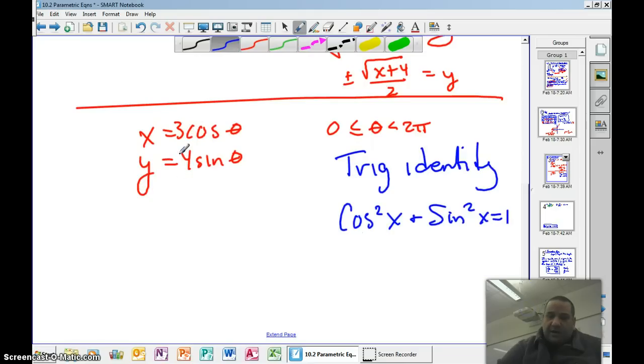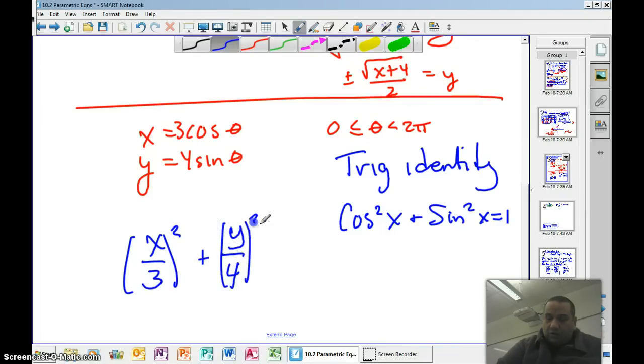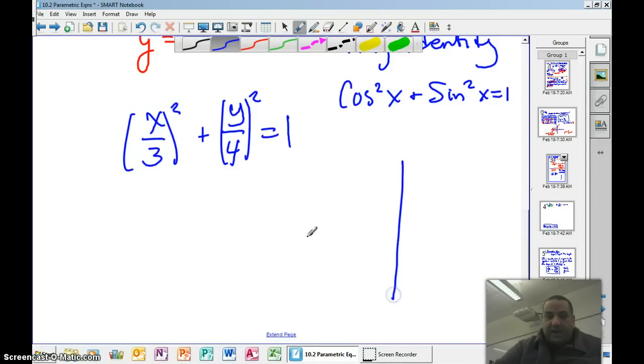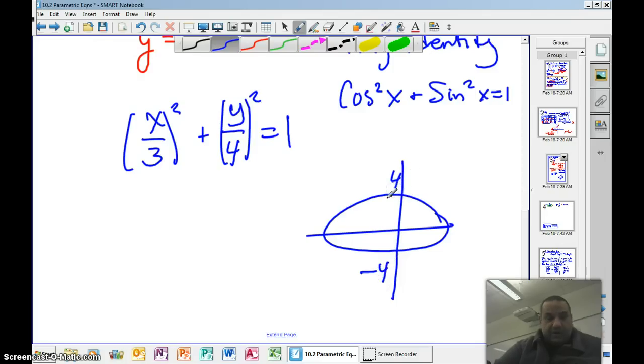So therefore, I can do this. Cosine is x over 3 squared, plus sine is y over 4 squared equal to 1. And I don't know if you remember that, but that guy is a nice ellipse, with negative 4 and 4 on the y-axis. This is an awful ellipse, sorry about that, but there's negative 3 and 3.